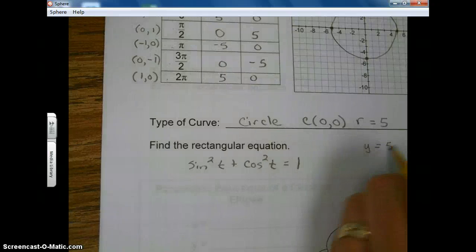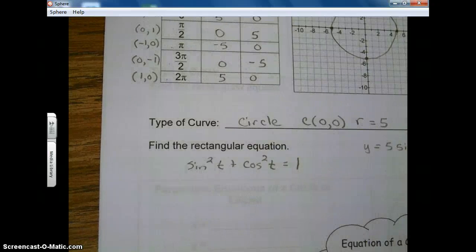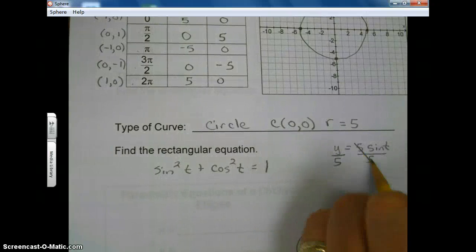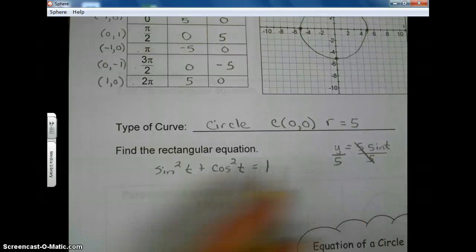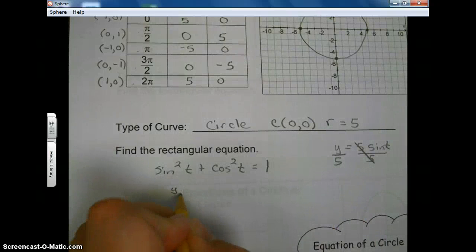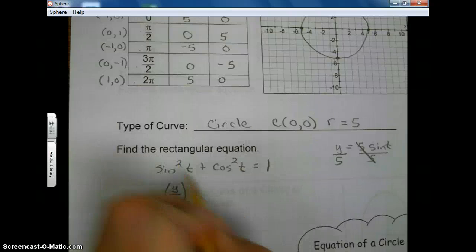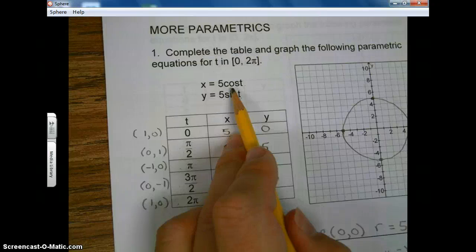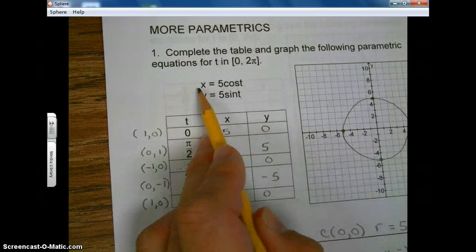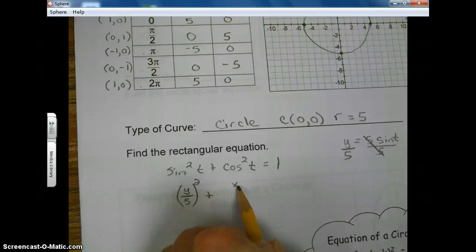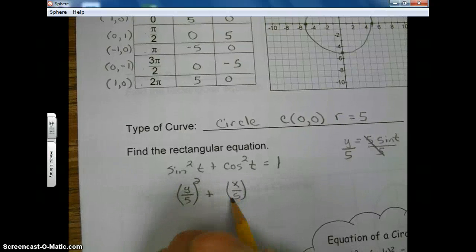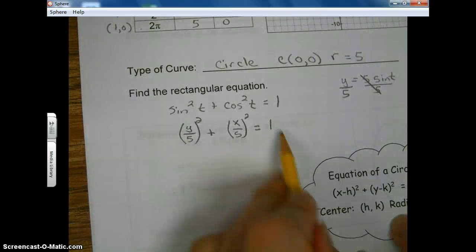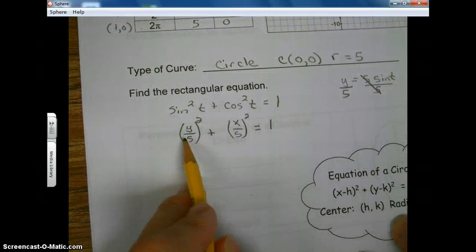y equals 5 sine of t. To solve for sine of t, we're going to divide both sides by 5. So the sine of t is equal to y over 5. Plugging that in, y over 5 squared, plus, if you solve this one for cosine of t, divide both sides by 5, we have x over 5 squared equals 1. We're now in rectangular form, but we want to simplify.